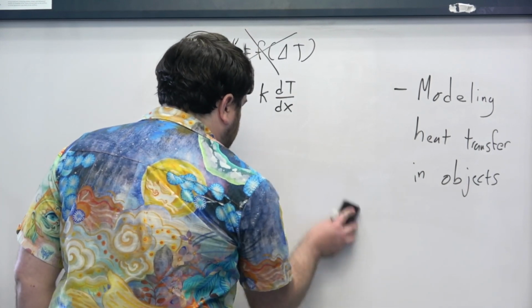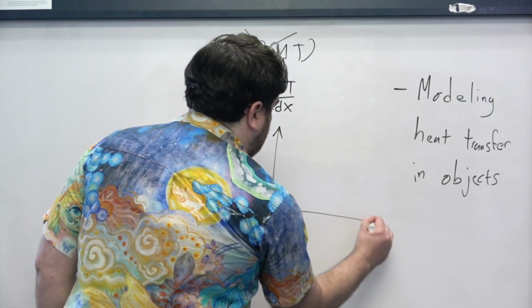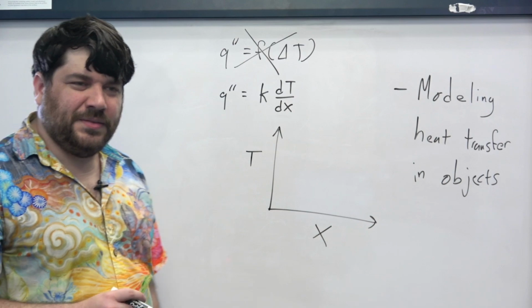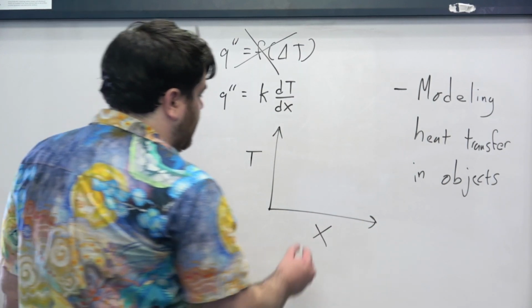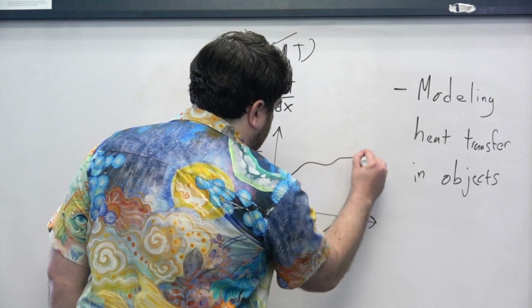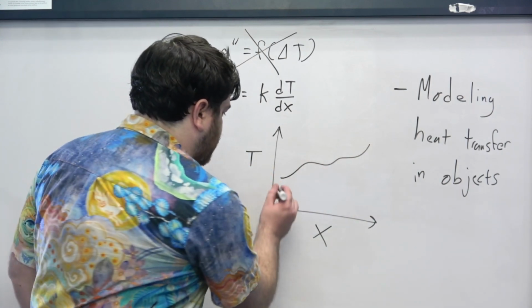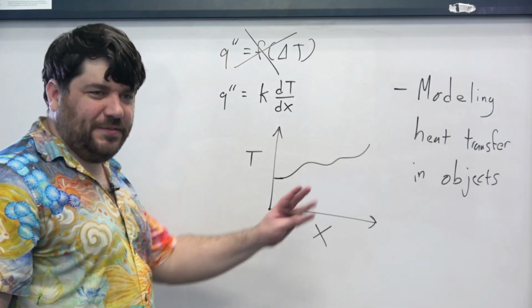So remember, we drew a graph where, although it doesn't exactly matter, we had assumed that the temperature increased from one side of the wall to the other in this weird, goofy way.